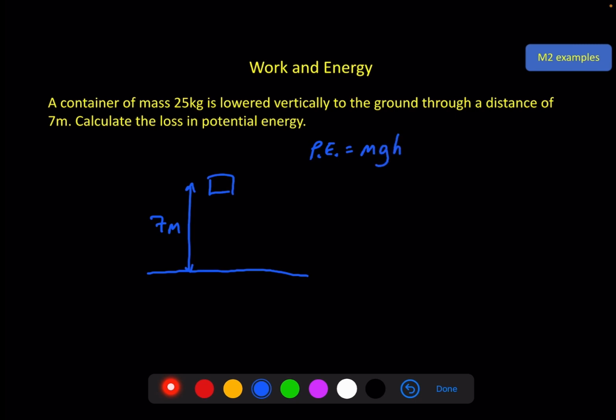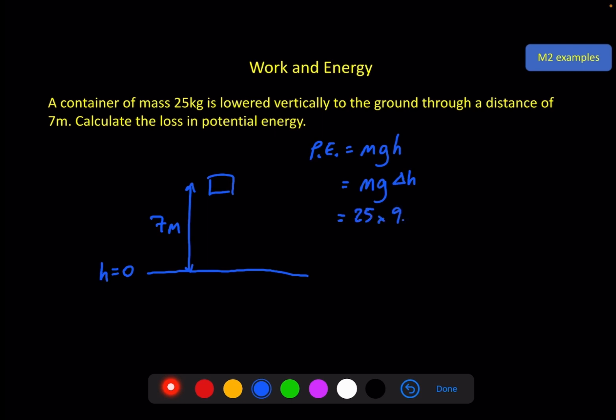And here's an example I think where it's pretty obvious. It doesn't really matter where you choose your level to be 0, whether it's here or whether it's here. You're talking about the loss in potential energy, so you're going to be giving a positive value and calling it a loss either way. What I mean by that is we're effectively using a change in height, so it doesn't really matter where your 0 level is.